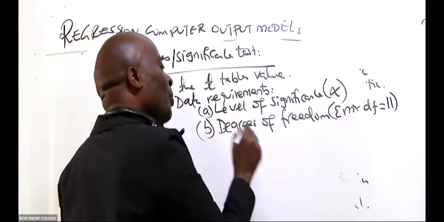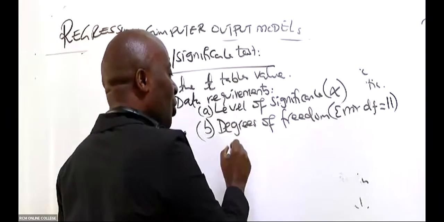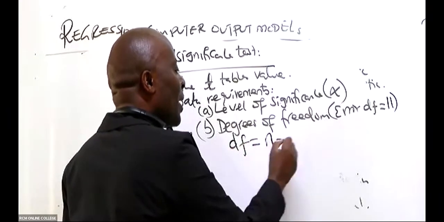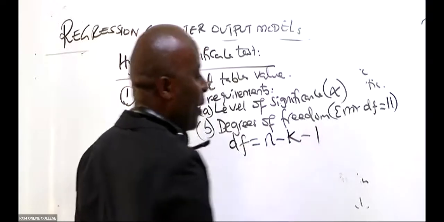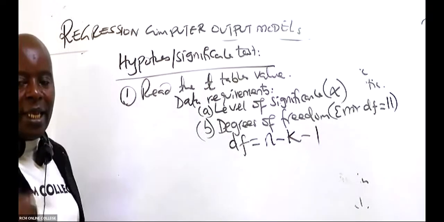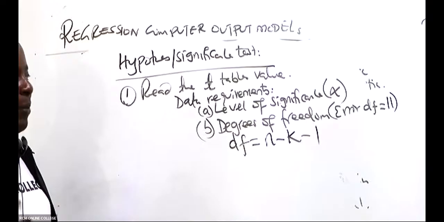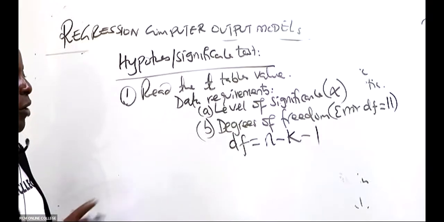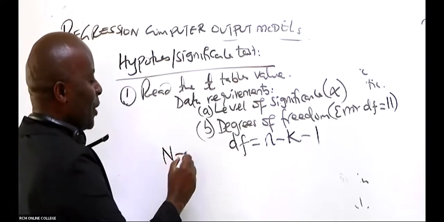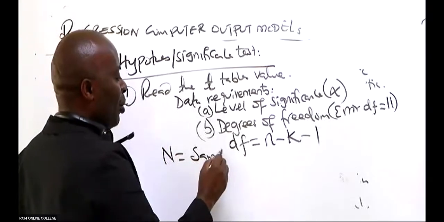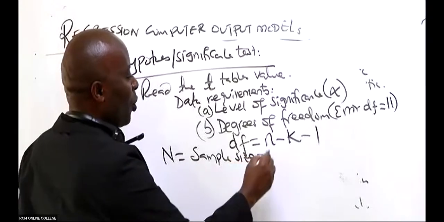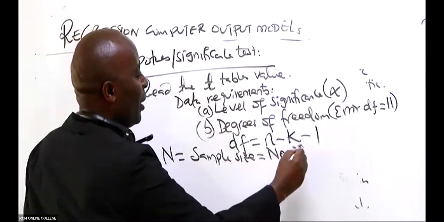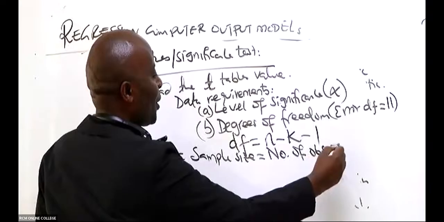But in most cases, you must remember the formula of getting this. To get these degrees of freedom, we normally take n minus k minus 1, where n is the sample size, or number of observations.